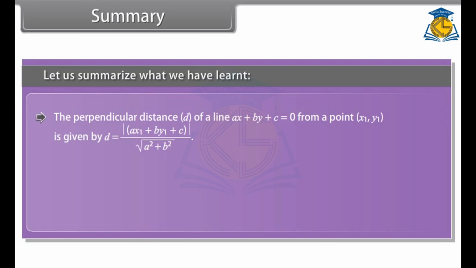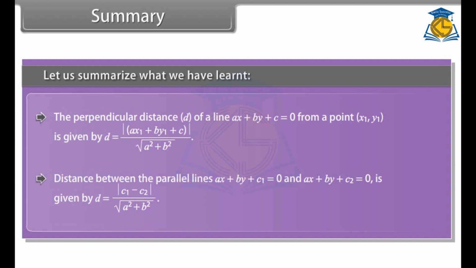The perpendicular distance d of a line ax + by + c = 0 from a point (x1, y1) is given by a formula, and the distance between the parallel lines ax + by + c1 = 0 and ax + by + c2 = 0 is given by a formula.